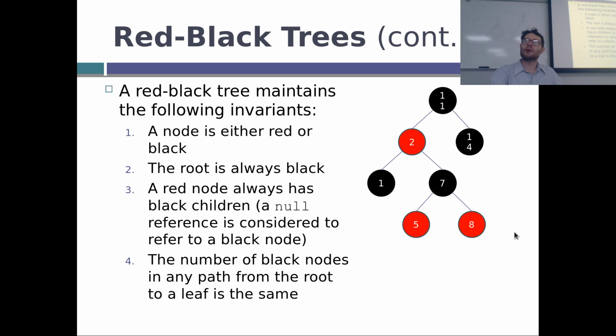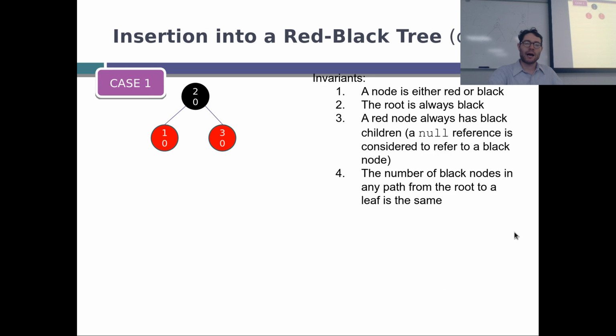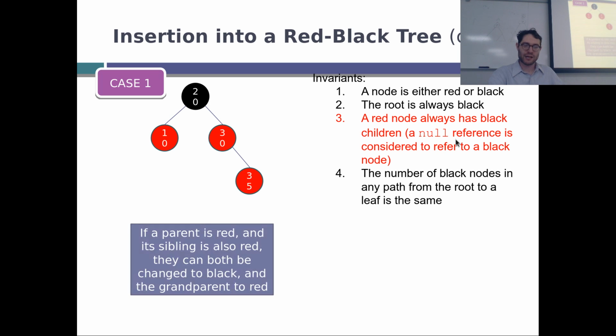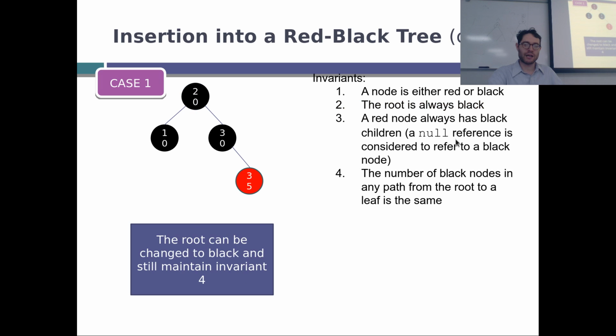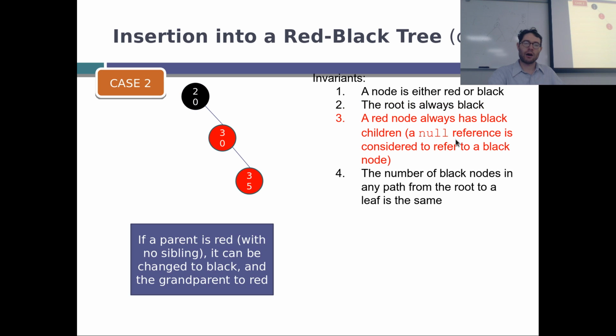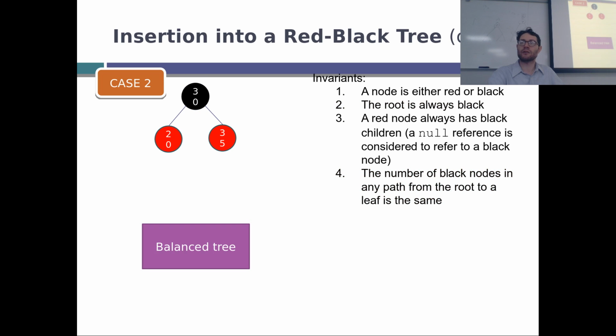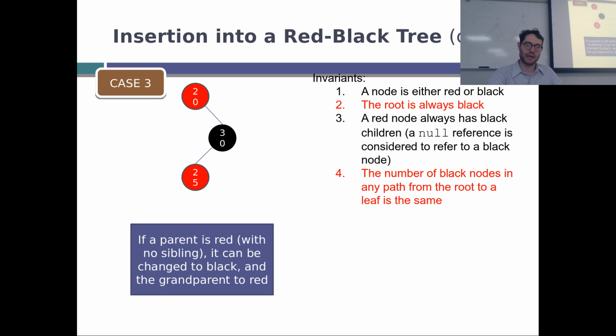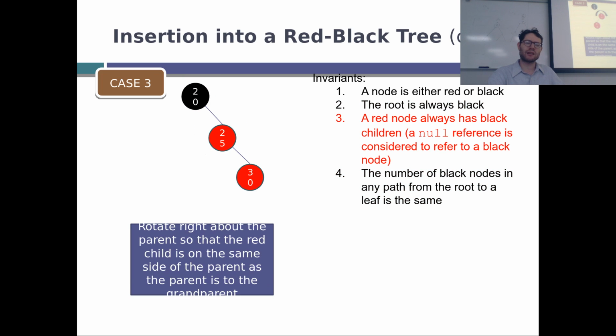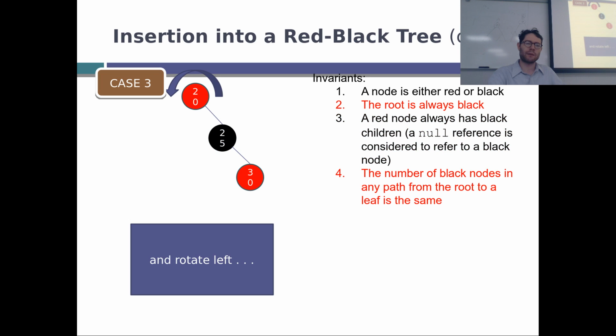Okay, so whenever we insert something and find that one of these rules is violated, we have a way of fixing it. We can recolor things, and if the recoloring doesn't work, then we have to do a rotation, right? So it will recolor things as needed, and then it will rotate. Now it lets the tree get a bit unbalanced, I believe.